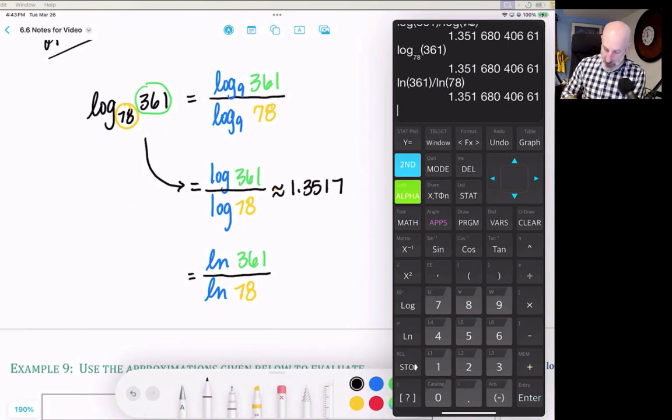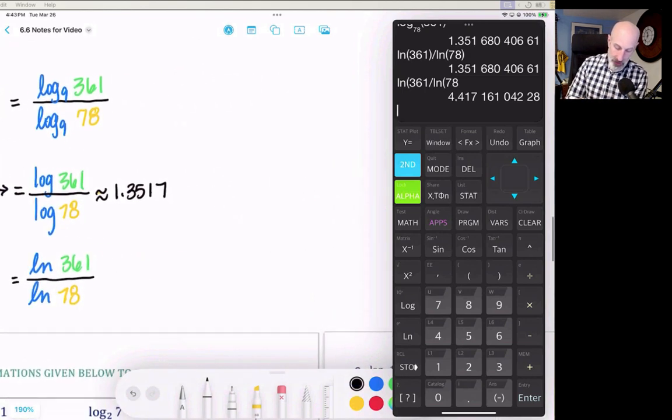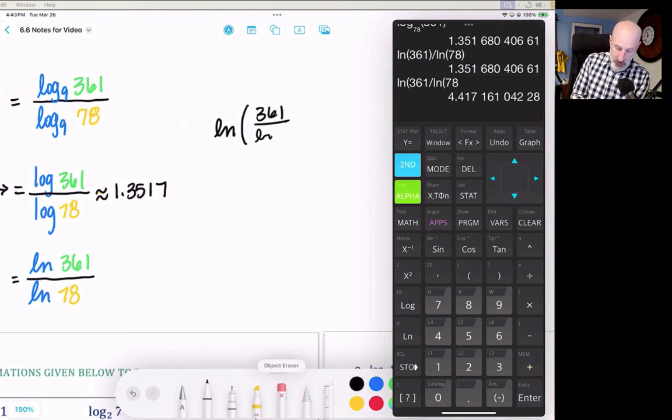Watch as I type in the natural log of 361, intentionally now forgetting the parentheses, and dividing by the natural log of 78. Now this is a wildly different value. How is my calculator interpreting that? It's saying the natural log of 361 over the natural log of 78.